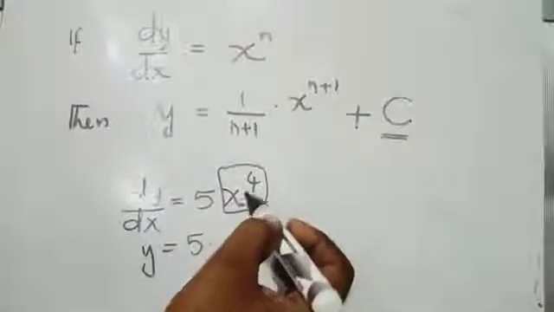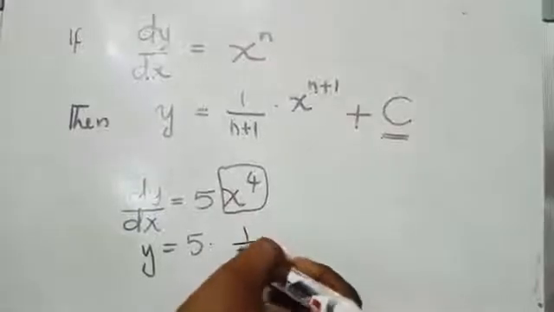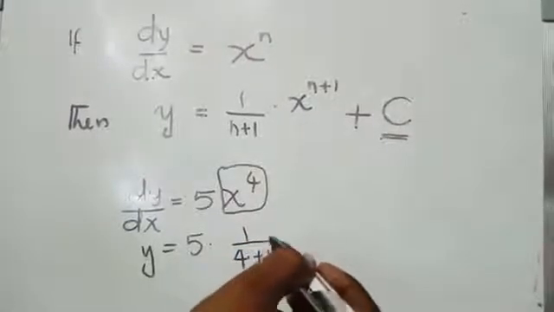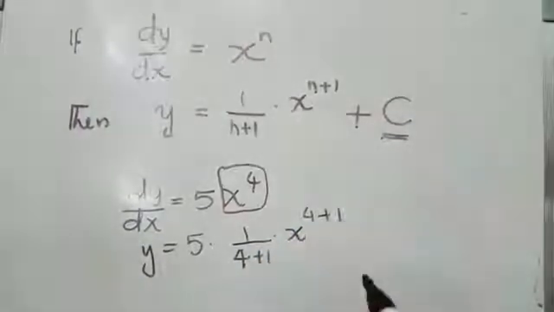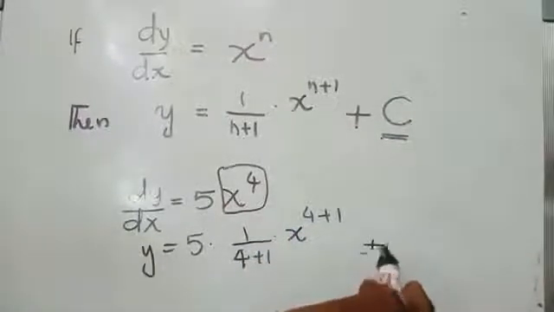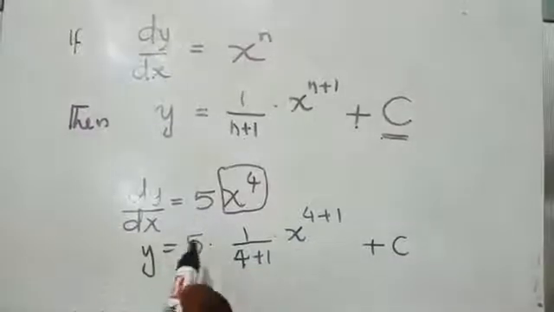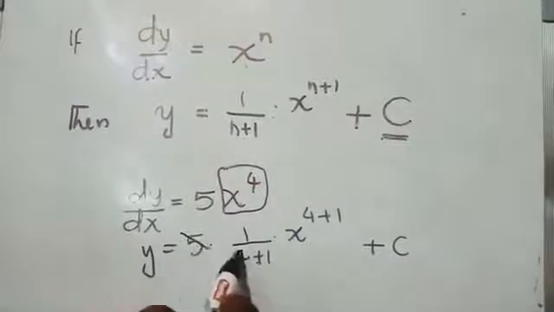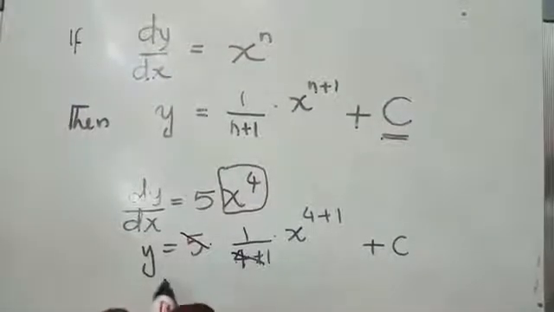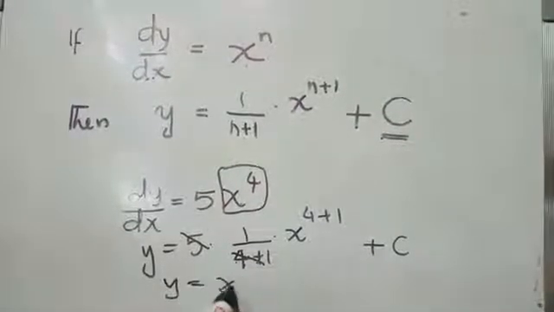So x raised to 4 can be written as 1 by 4 plus 1 into x raised to 4 plus 1, plus c. So 4 plus 1 is 5. 5 into 1 by 5, 5 and 5 get cancelled. So we get the answer for y as x raised to 5 plus c.